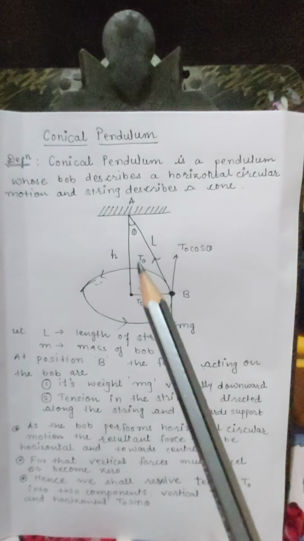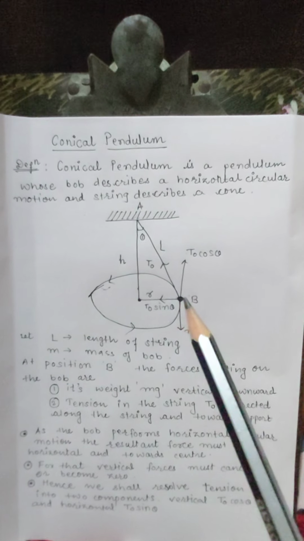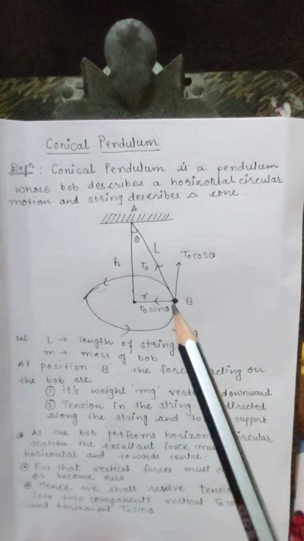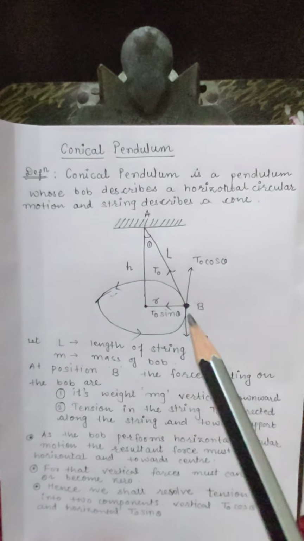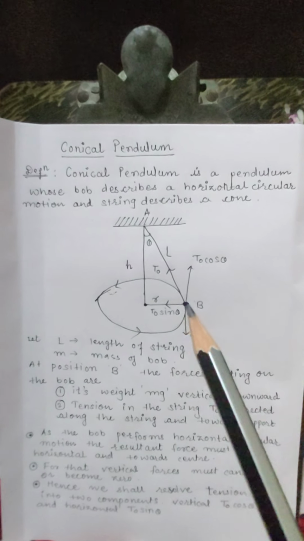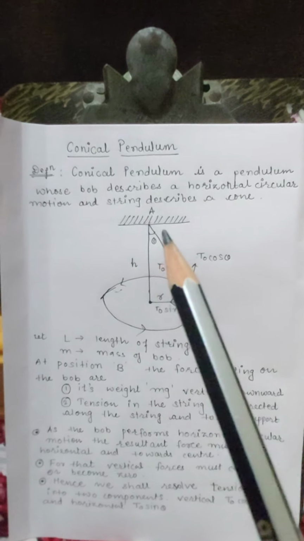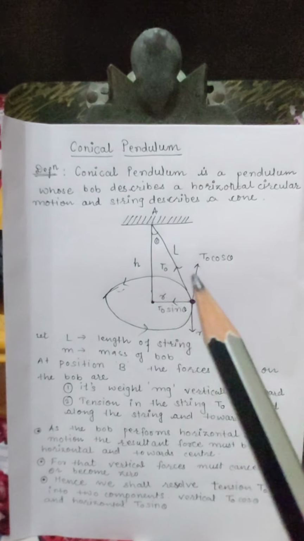T0 is the tension in the string, which is directed upward, along the string. The direction of the string tension is along the string and towards the point A, upward but towards the point A, that is T0.